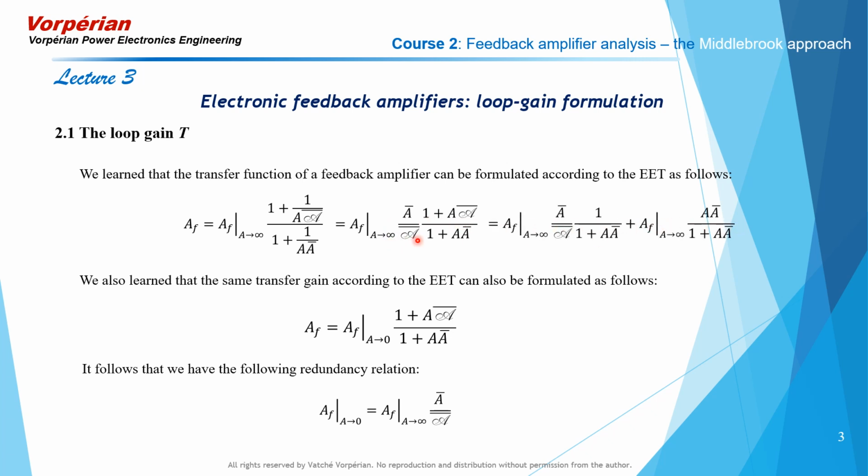Notice that when we multiply this term up front with the second term, the script A bars cancel and we obtain this expression here. When we look at the first term, we recognize that this thing here is the closed loop gain with A equal to 0.